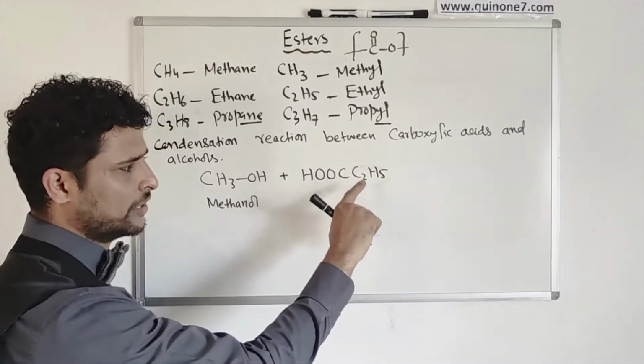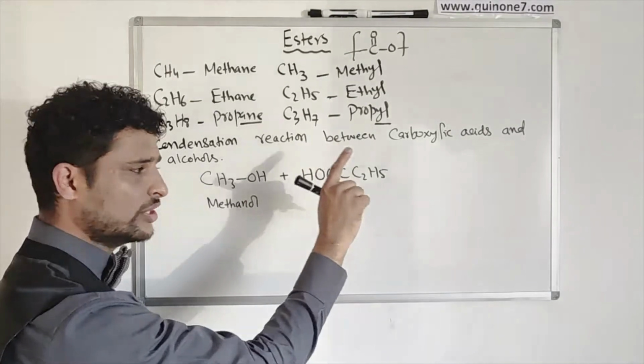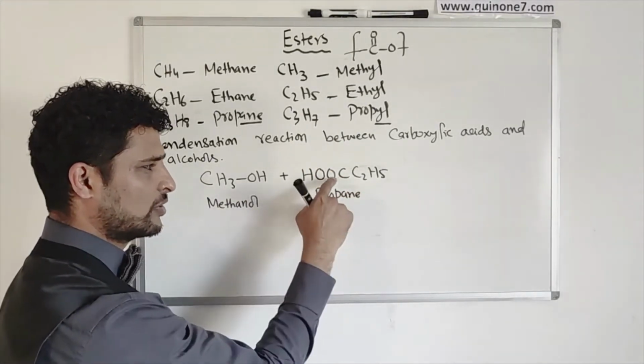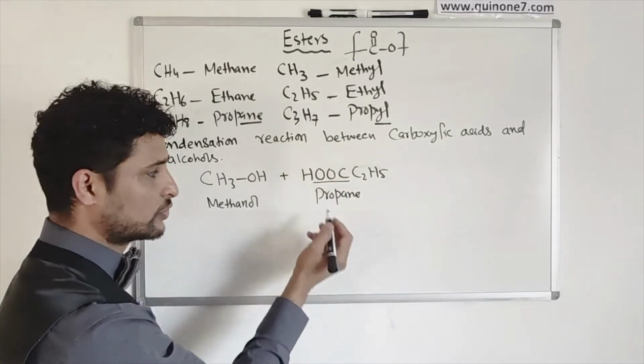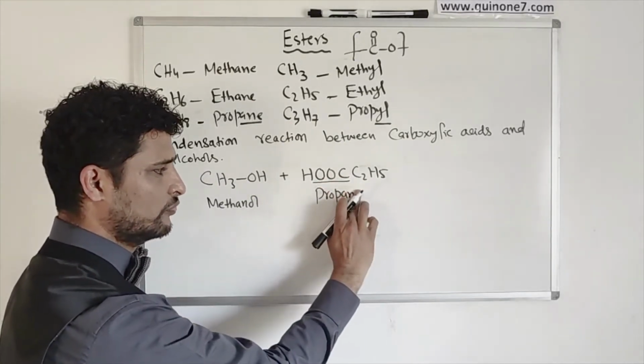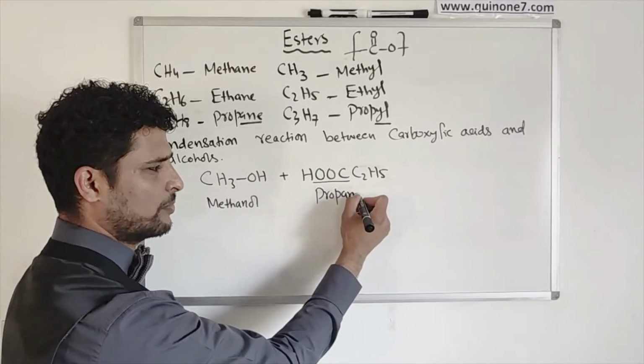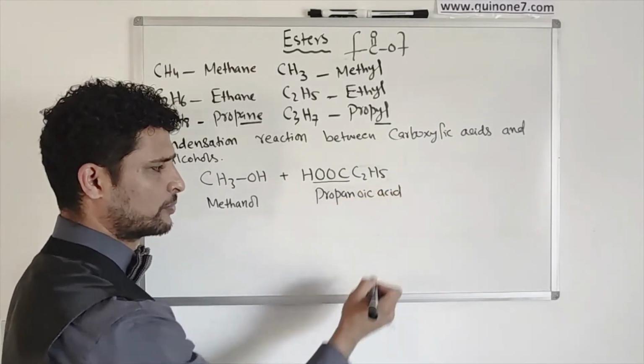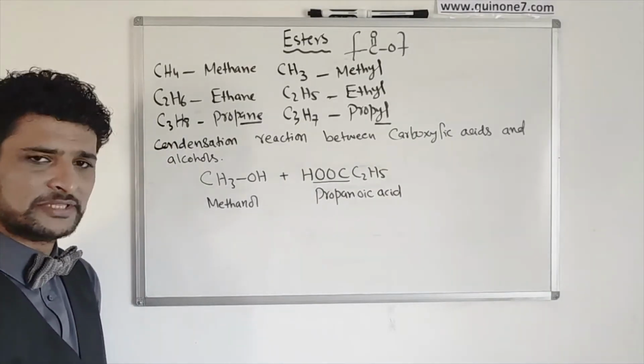Now look at this. You have 2 plus 1 carbon atoms, 3. So what did I say to you? You can say propane, because it has the COOH functional group, so you remove E and you say propanoic acid. So propanoic acid will be the name.